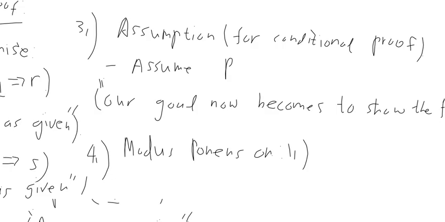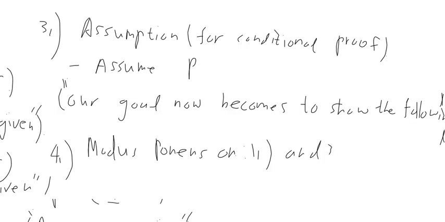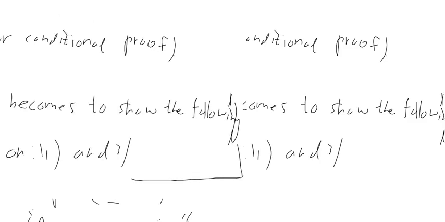Step 1, we said the premise was P implies (Q implies R), and step 3 was to assume for conditional proof, assume P. So it makes sense to use modus ponens.